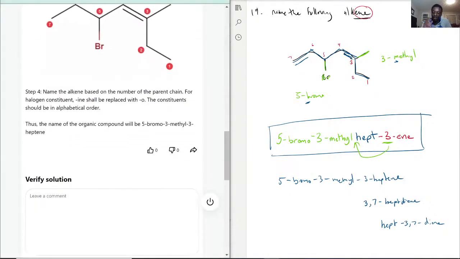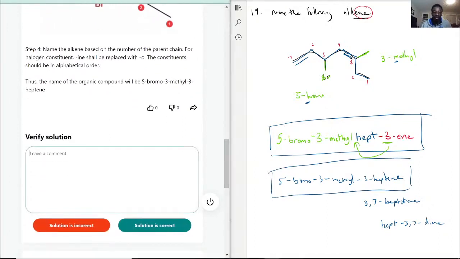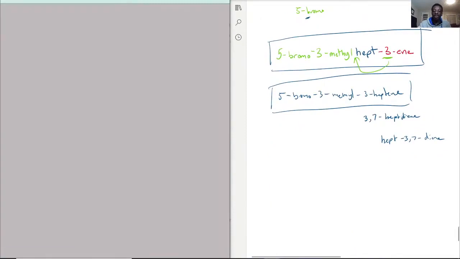That is my caveat here in terms of different naming, because it can get a little bit wonky in terms of what exactly they want you to do. So it's important that you follow whatever your instructor gives, because even the IUPAC naming can vary a little bit within itself. Now, with that being said, let's move on to question number 20.